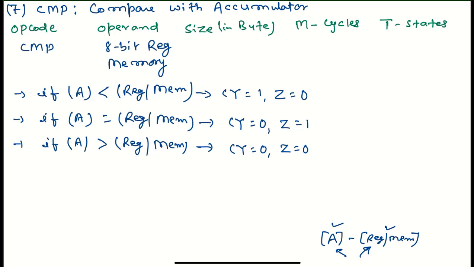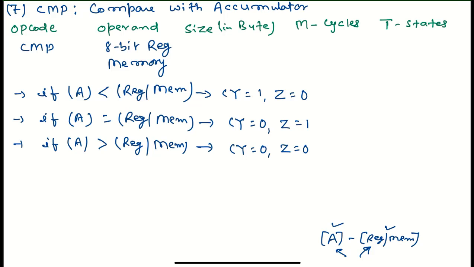Previously, under the arithmetic instructions, the accumulator content was modified as per the subtraction result, but here we are not performing the subtraction, we are adopting the subtraction method to compare two numbers.